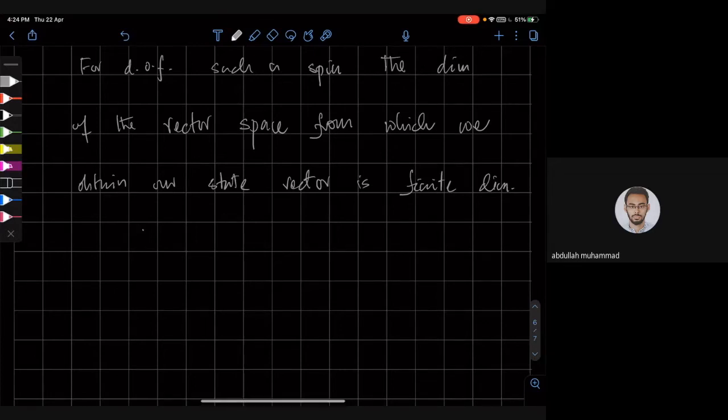So we can introduce two basis vectors. This is called the spin up vector, and this is given by (1, 0). And the spin down vector, which is given by (0, 1).